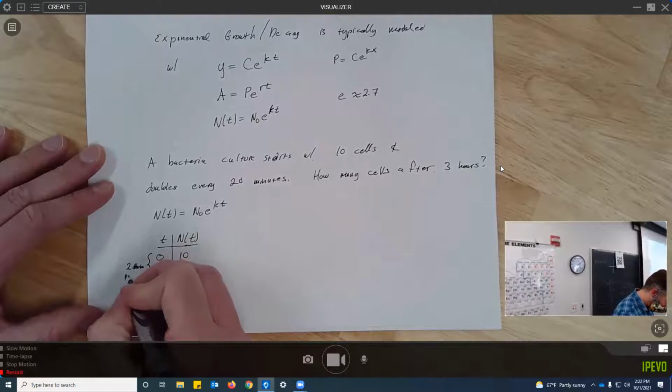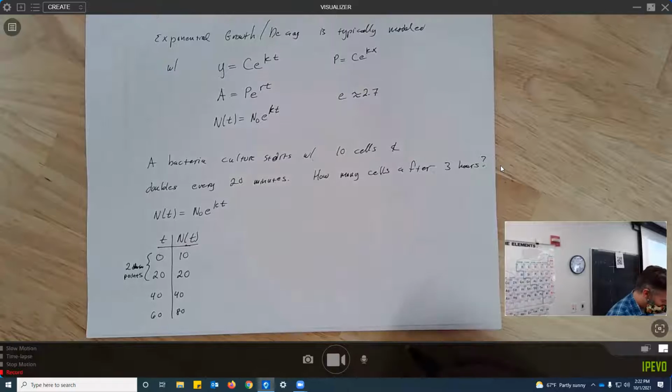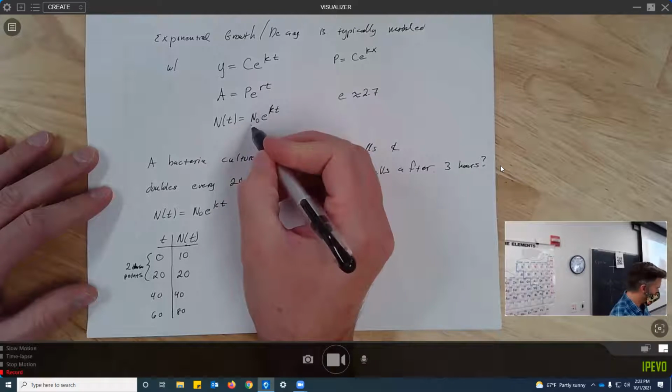Sorry, that's terrible looking there. As long as you have 2, you can figure out your coefficient up front and your coefficient of the variable in the exponent. That's what we're going to do. Almost always, if you know how much stuff you have at time 0, that is your coefficient here.